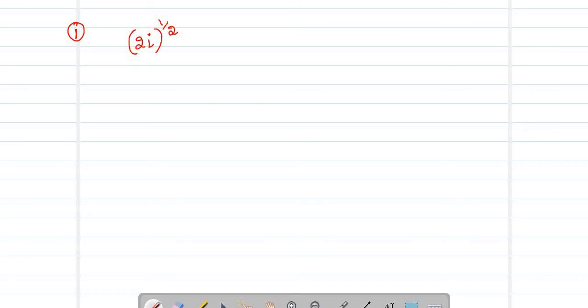So how do you go? First you start with a given number, this 2i, and express it in the exponential form or Euler form. So we know this 2i can be written as 2 times e power i, pi by 2 plus 2k pi. Do you agree?